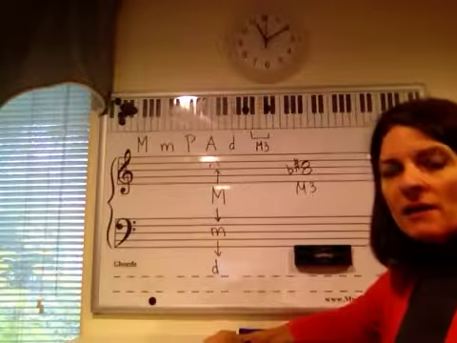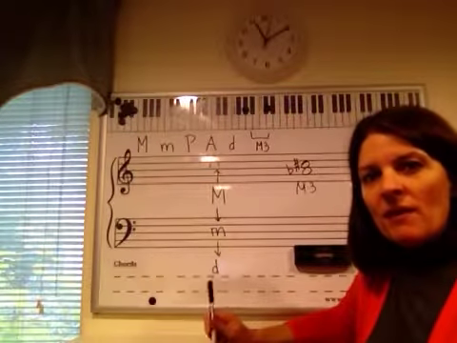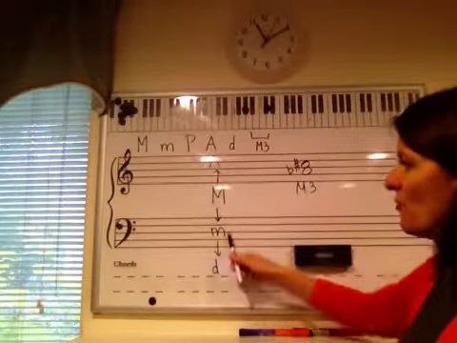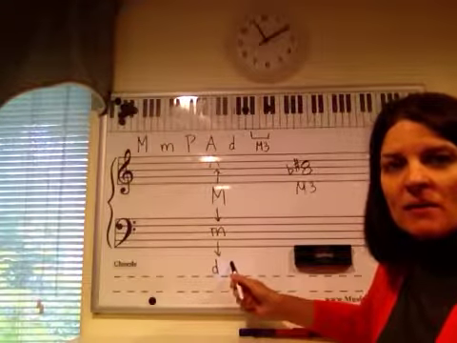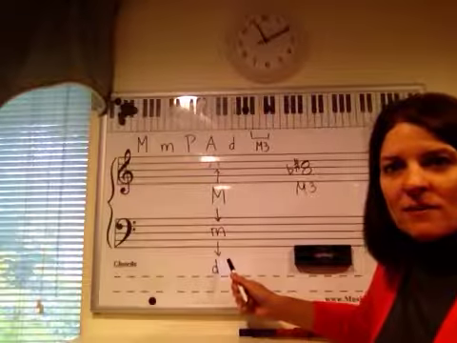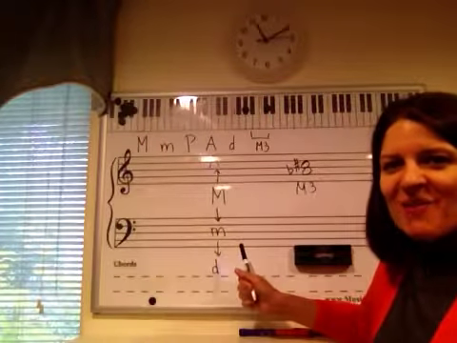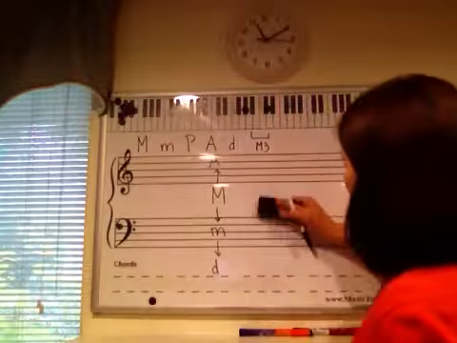So you can see I can take the same 2 letter names, A to C, and I can create 4 different intervals between A and C, depending on sharps and flats. All right, this is the complexity of intervals. So I'm going to erase.